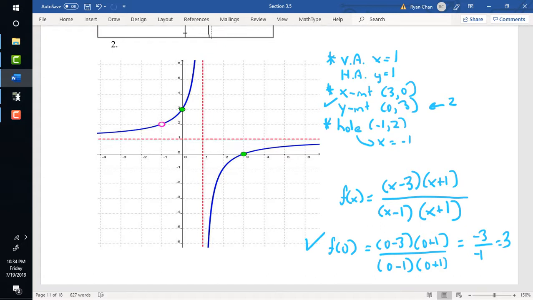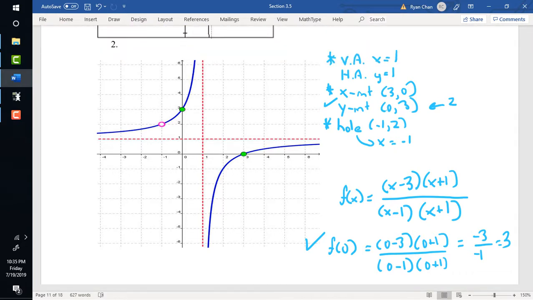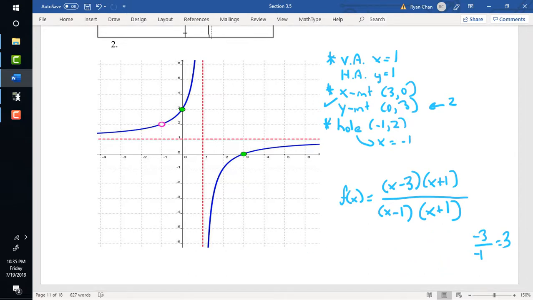Okay, I'm going to erase this. The last thing I want to see is if my horizontal asymptote works out. So I'll distribute this.